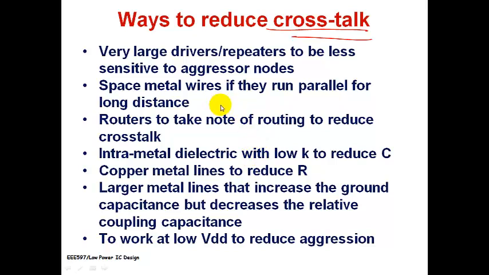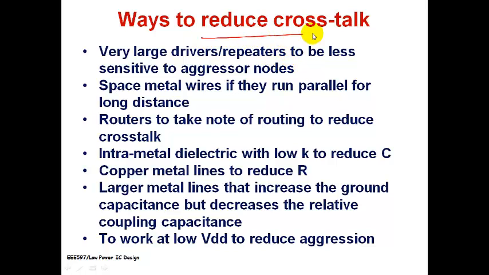All these are called crosstalk effects, and because of this crosstalk, so much concentration goes into the spacing of metal wires, and the drivers and repeaters that go into the design are very importantly dealt with.